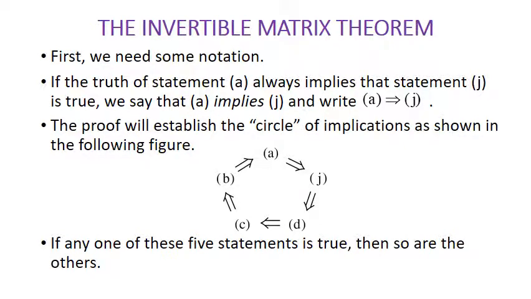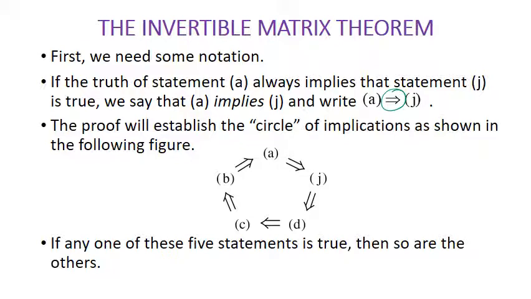So a little bit more about all of the statements on the previous slide. Basically, if statement A holds true, then that implies statement J. And I believe you have seen this notation in your previous courses, but this just means A implies J. Now, this proof is very circular.